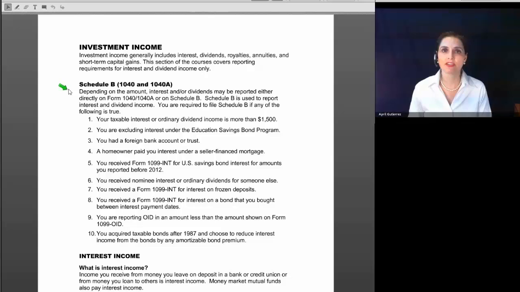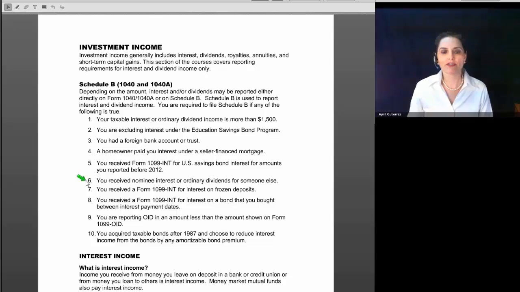Now, in certain situations, when you report interest income, you are required to attach Schedule B to your tax return. Schedule B is required if your taxable interest or ordinary dividend income for the year is more than $1,500, if you were excluding interest under the Education Savings Bond Program, you had a foreign bank account or trust, or a homeowner paid you interest under a seller-financed mortgage where you are the mortgage holder. You received Form 1099-INT for U.S. savings bond interest for amounts that you reported before 2012, and we'll talk about when that's possible, though it's quite rare.